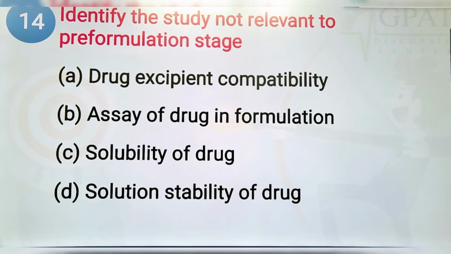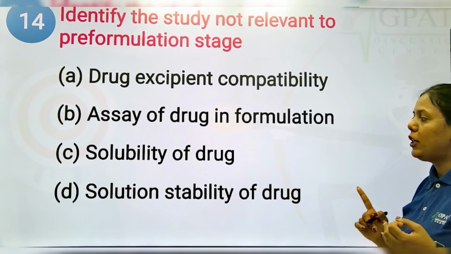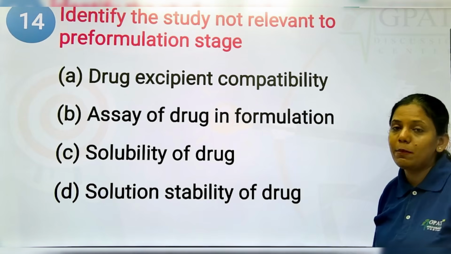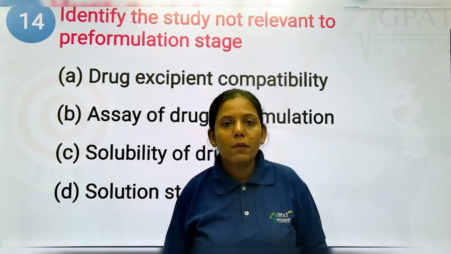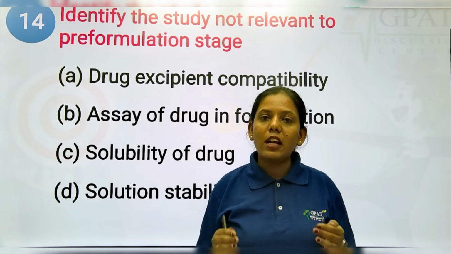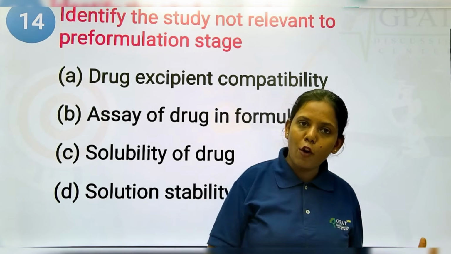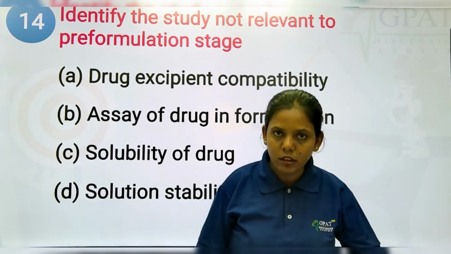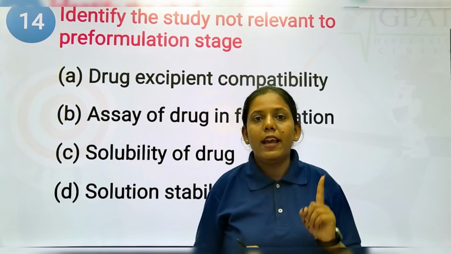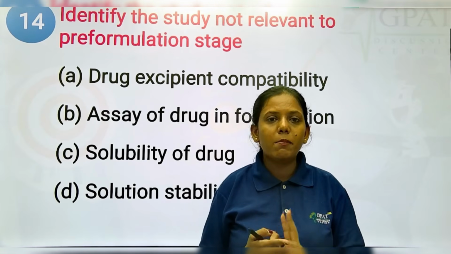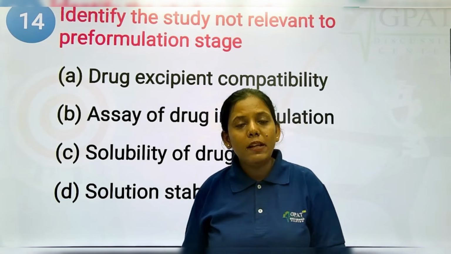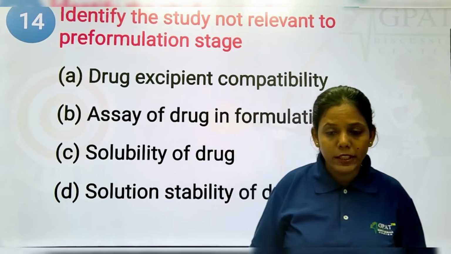Next is to identify the study not relevant to pre-formulation. Drug excipient compatibility, assay of drug in formulation, solubility of the drug, solution stability. Remember, pre-formulation means the studies conducted before the formulation, that means only for the drug. You check studies like XRD, polymorphism, crystalline or amorphous form, stability, and solubility also.